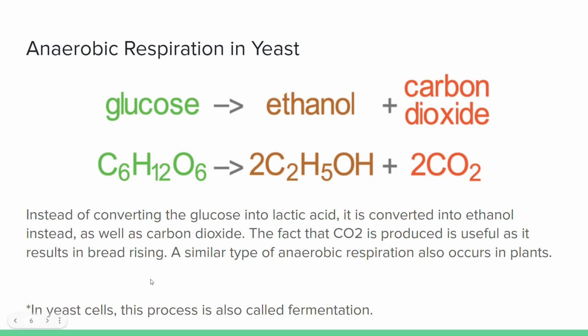And when other bread-like things are made and cooked in ovens, that is the reason why it rises, due to carbon dioxide being produced. This type of anaerobic respiration also occurs in plants. However, this specific process, when occurring in yeast, is also known as fermentation. It is not known as fermentation when anaerobic respiration occurs in plants.